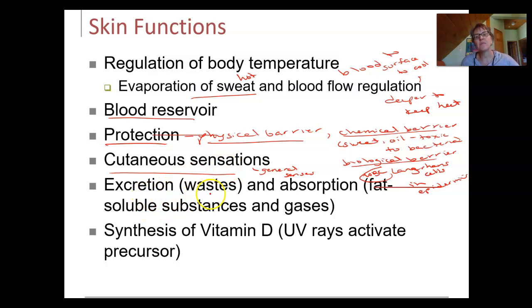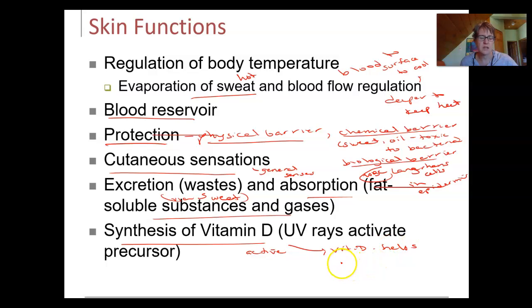We excrete some waste through sweat. You know I'm not a fan of that one. It's not our main avenue for getting rid of waste. And we absorb some things through our skin. It is also how we make vitamin D active. And remember, we need vitamin D to help absorb milk. Helps calcium be absorbed in the digestive system across the small intestine. Alrighty.